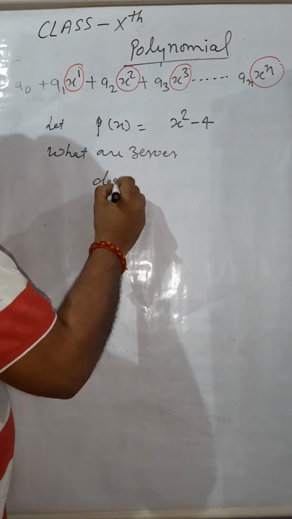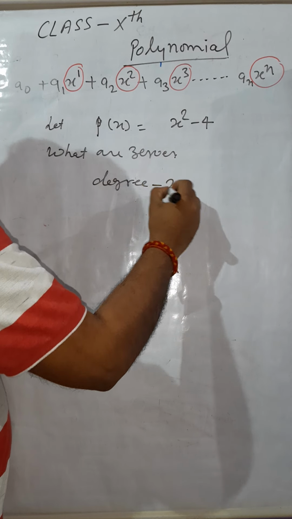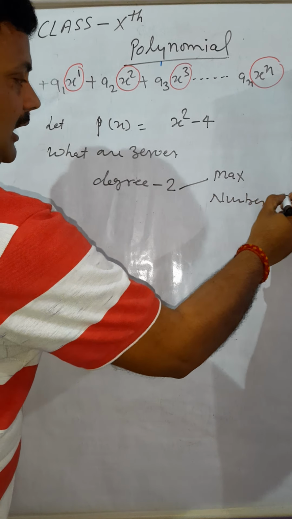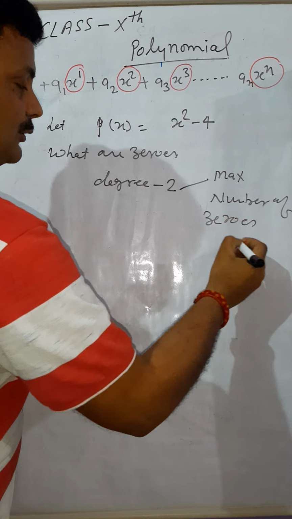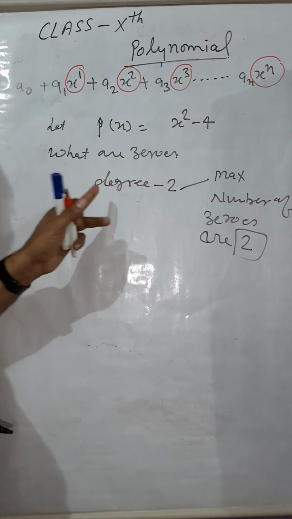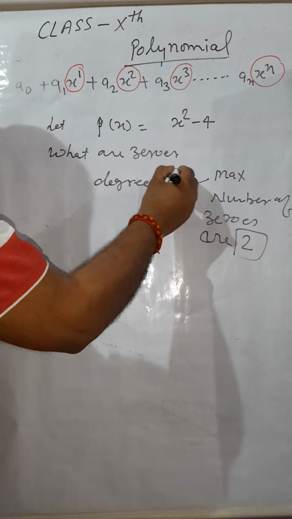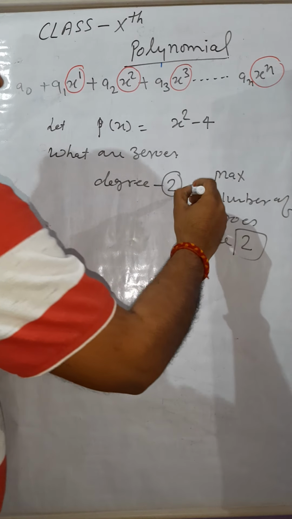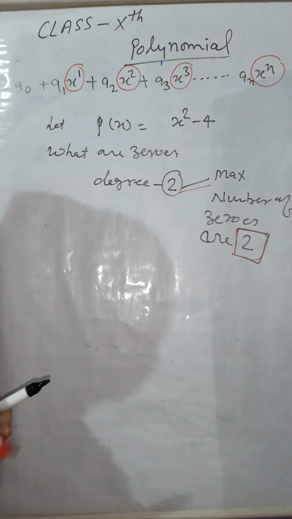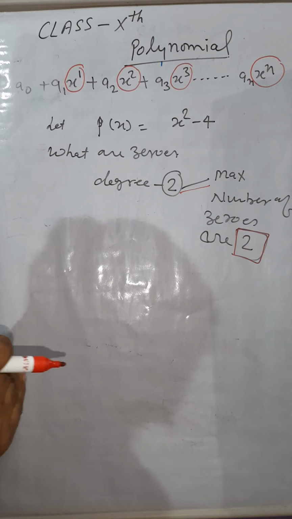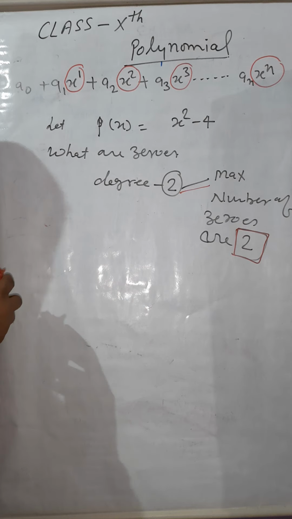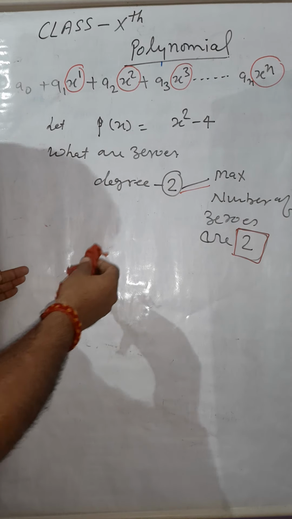Since the degree here is 2, the maximum number of zeros is 2. So the degree is 2, so the maximum number of zeros will be 2. If the degree is 3, the maximum number of zeros will be 3.